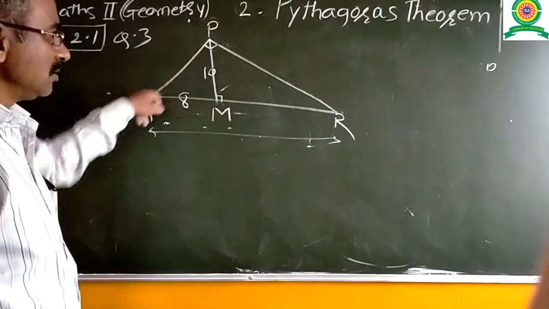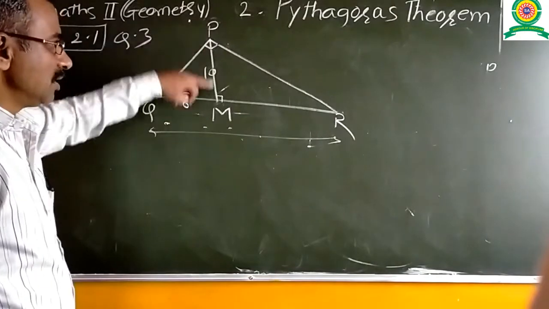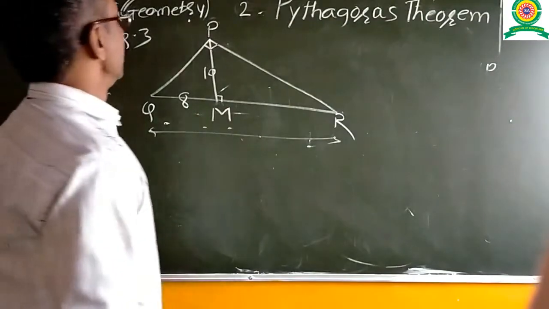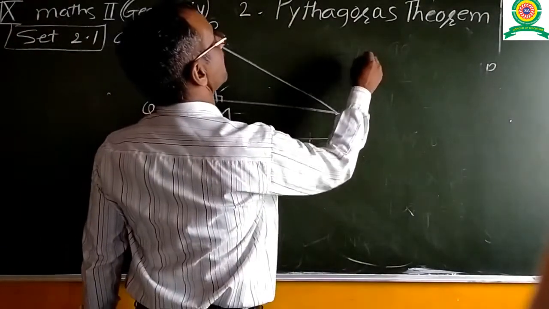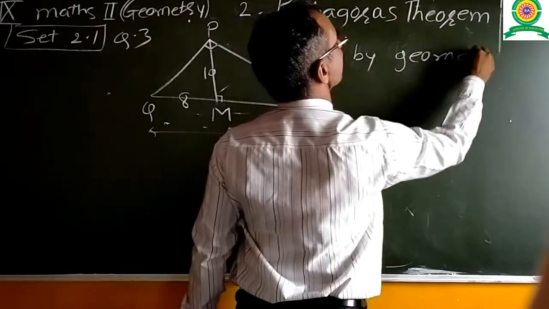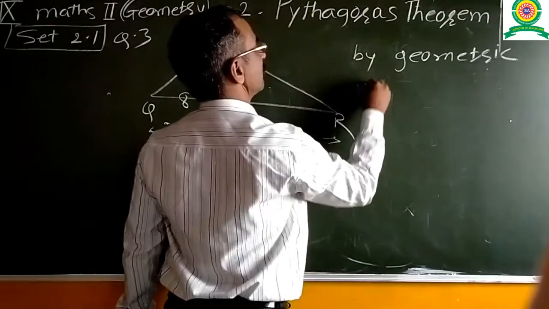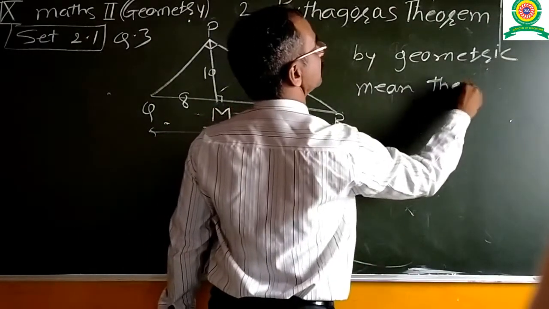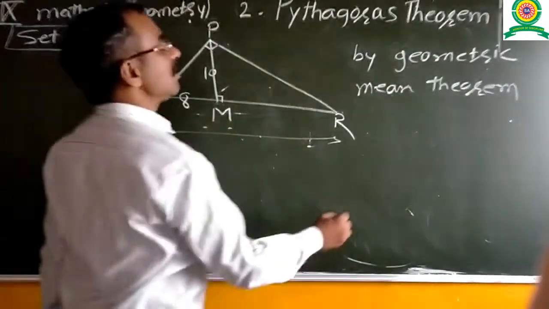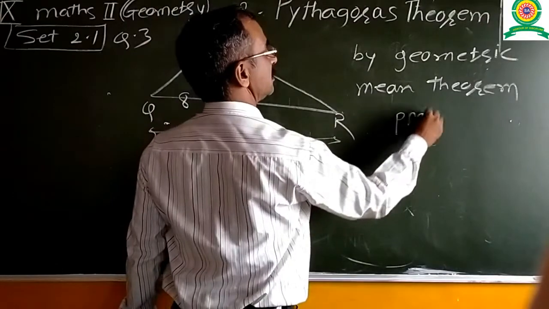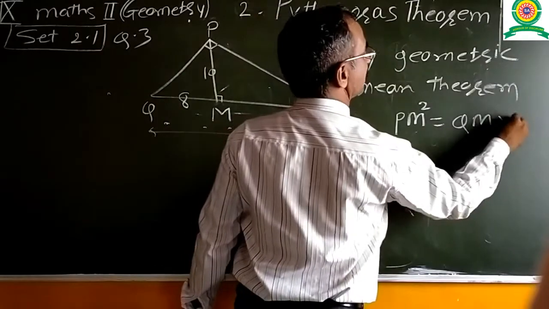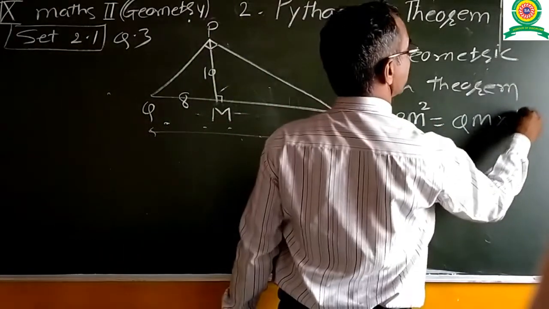The perpendicular drawn on a hypotenuse, its square, is equal to the multiplication of the segments QM and MR. So PM squared is QM into MR.